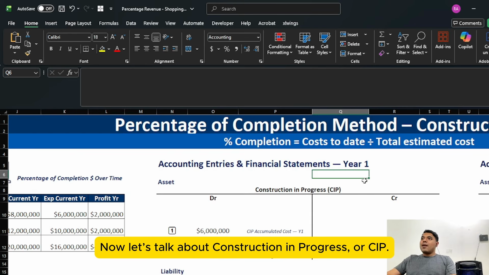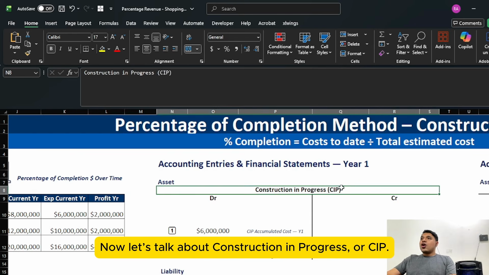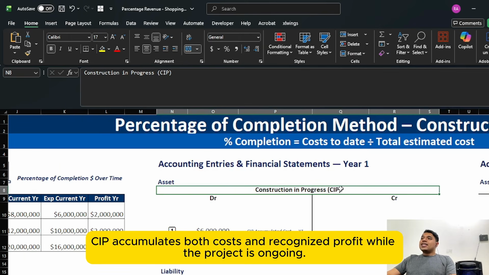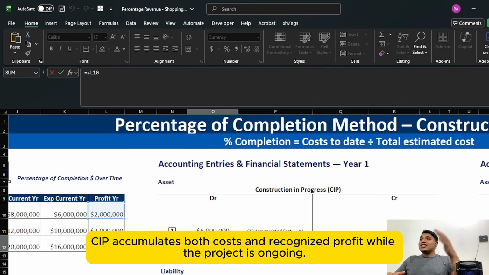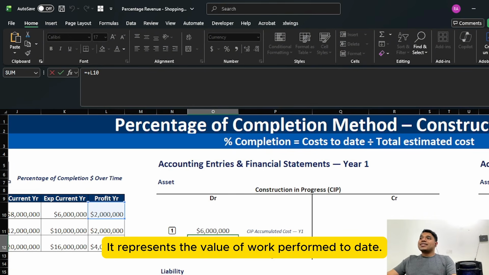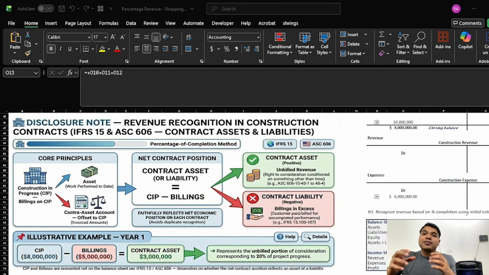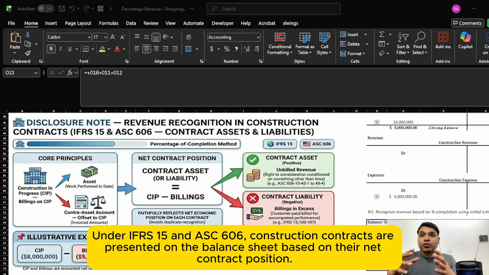Now let's talk about construction in progress, or CIP. CIP accumulates cost and recognized profit while the project is ongoing. It represents the value of the work performed to date. Under IFRS 15 and Accounting Standards Codification 606, construction contracts are presented on the balance sheet based on the net contract position.